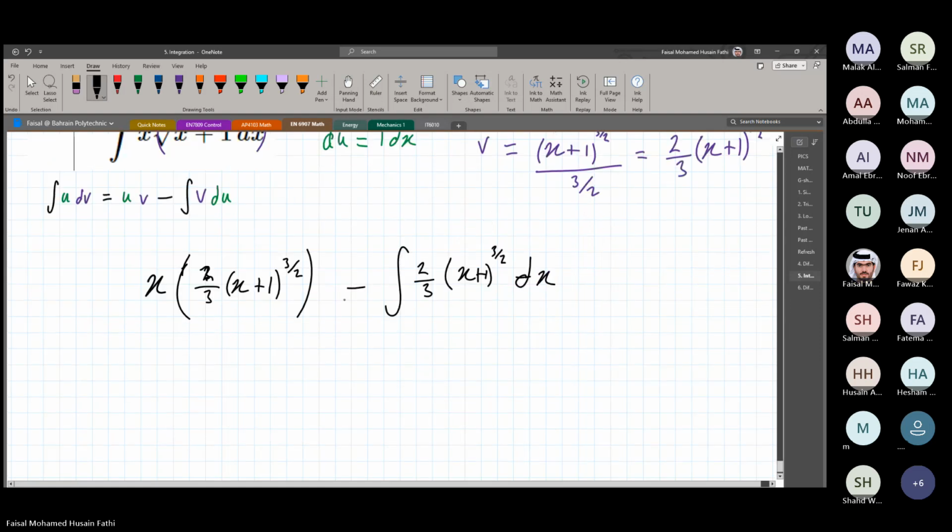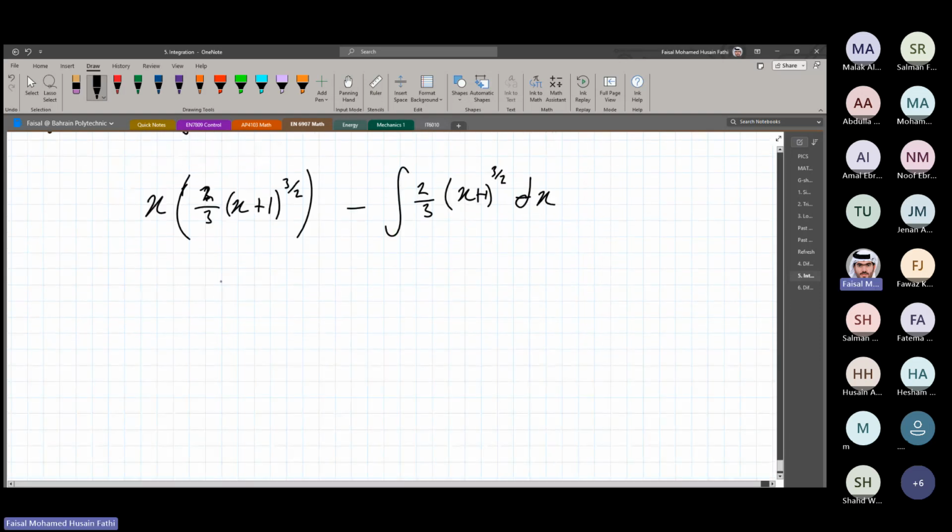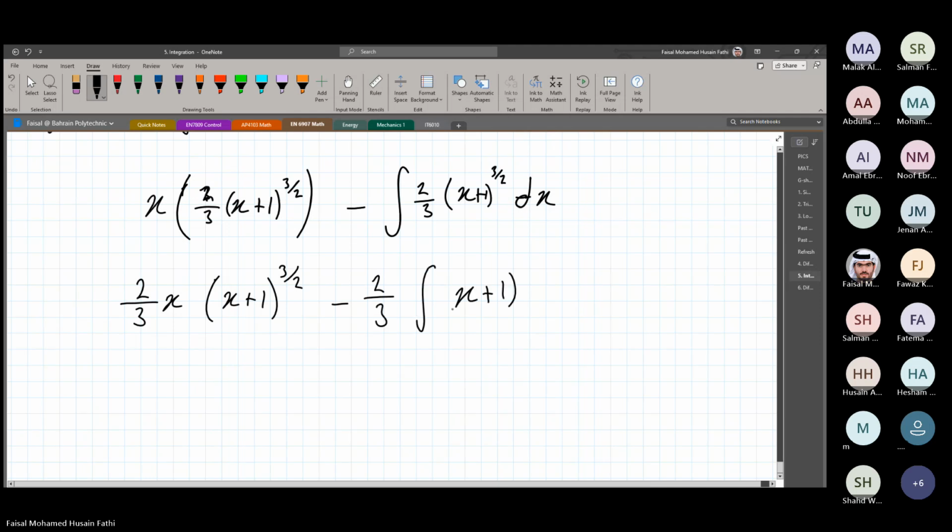Okay, simplifying this even more, 2 over 3 we'll take outside, times x into x plus 1 to the power 3 over 2, minus, here you can do another substitution. First, let's take out the 2 over 3 outside the integral so it becomes easier. Integral of x plus 1 to the 3 over 2 dx.